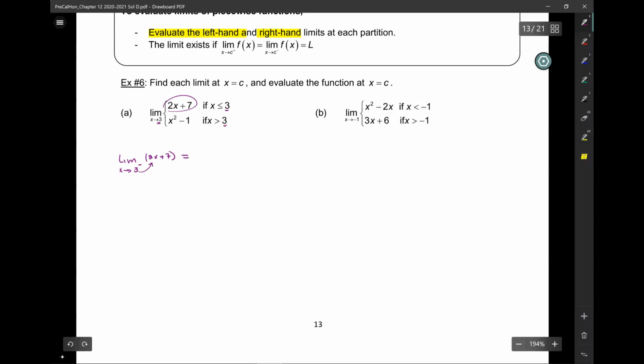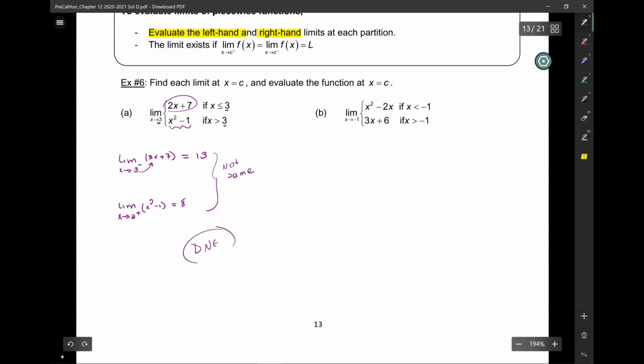What do you get? 13. Then the limit as x approaches 3 from the positive side of this: 9 minus 1, 8. You see how they're not the same? So the limit does not exist.